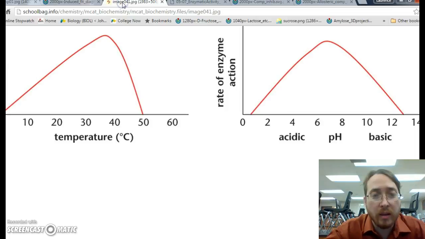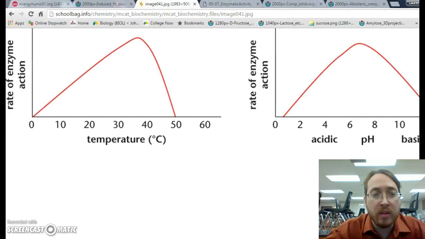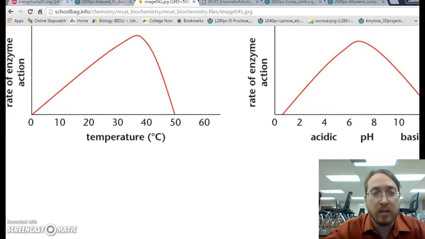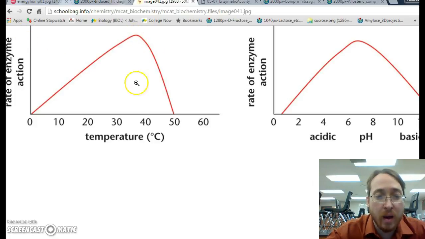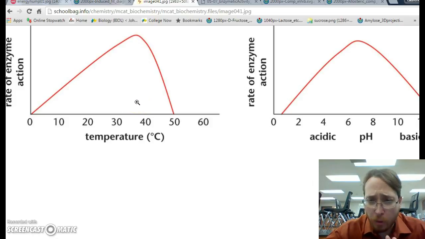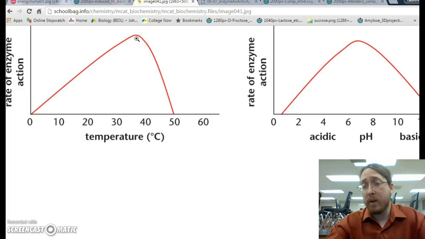We can look at some optimal conditions for enzymes. Since enzymes increase the rate of the chemical reaction, we call that the rate of enzyme activity or the rate of enzyme action. Many enzymes, almost all, not all, but almost all in the human body, have an optimal temperature of about 37 degrees Celsius, which is where our body temperature is.